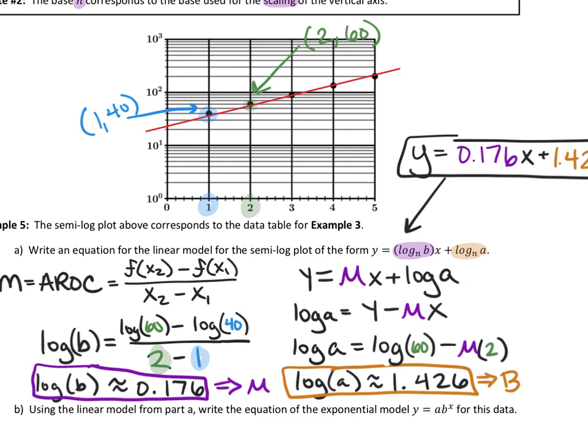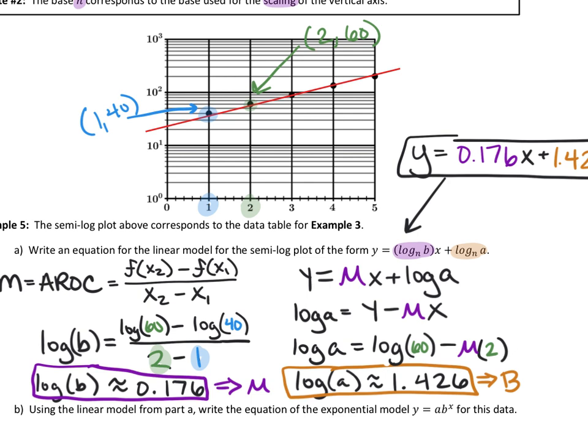Based on the graph, we got these numbers. At 1, the output is 40. At 2, the output is 60. So when I find the average rate of change between those 2 points, since it's log scaled, I have to put the log here so I find the actual value of the actual points of the exponential equation. And we get our slope.